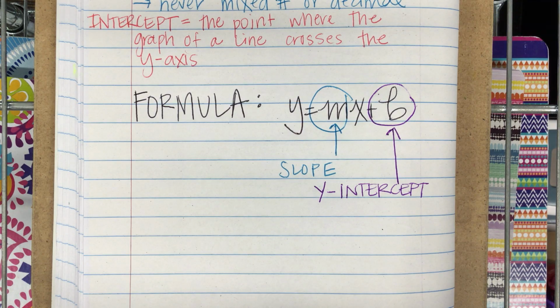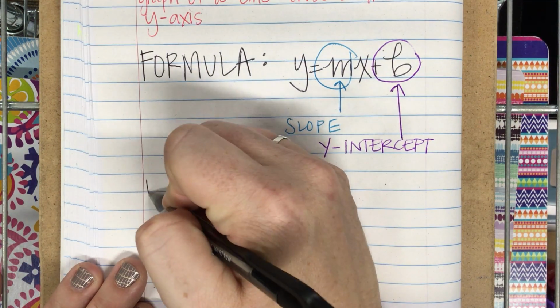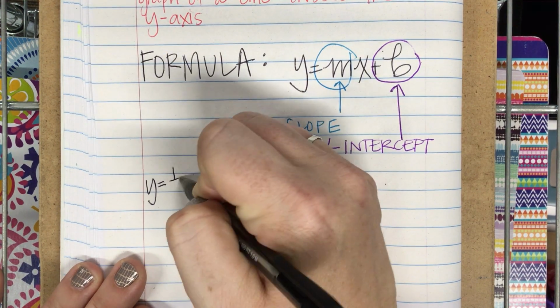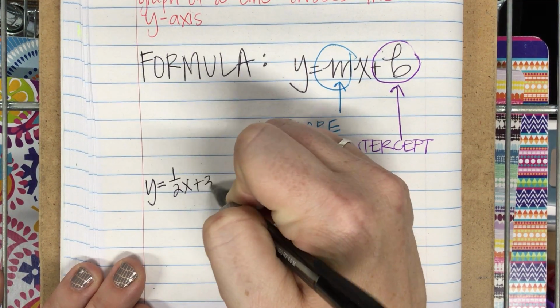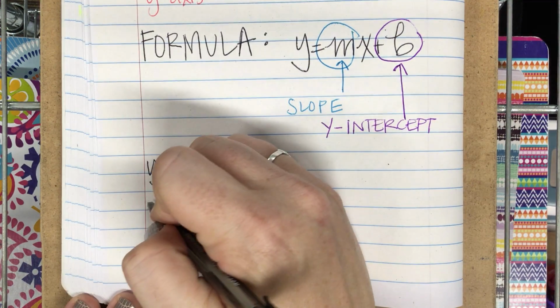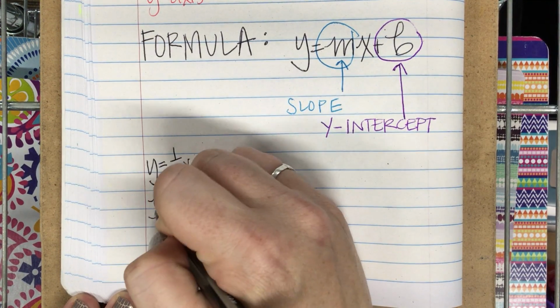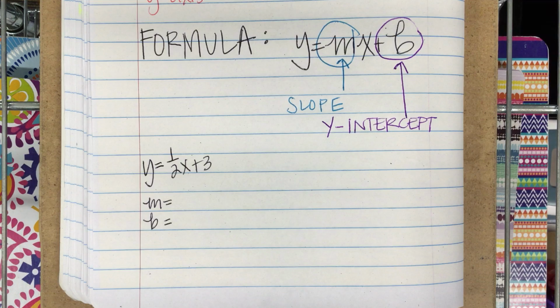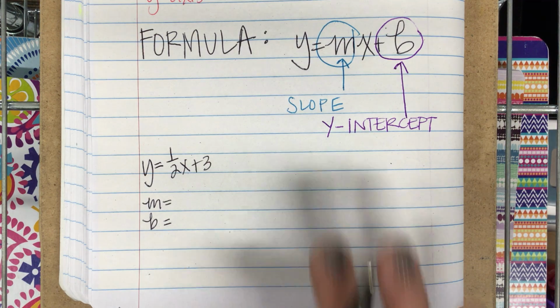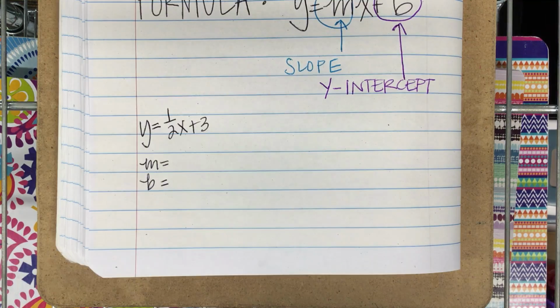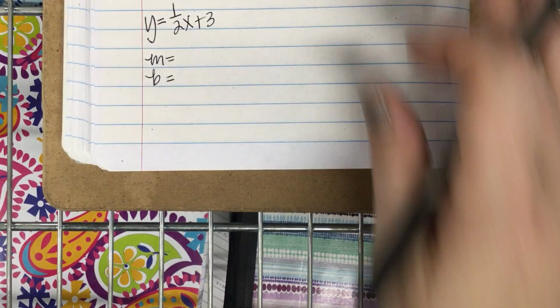Let's do a little bit of identification. Let's start off easy. If I give you the equation y equals 1/2 x plus 3, can you identify the m, the slope, and the b, the intercept?